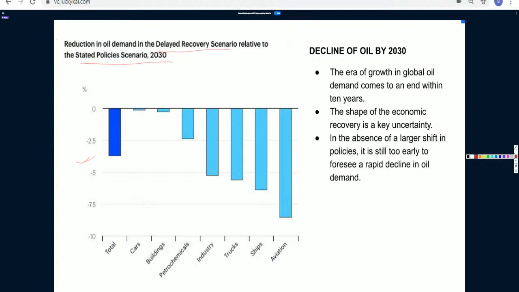The first graph talks about cars. Cars use energy, they use petroleum. Here, for cars, the oil demand will be slowed down to a very minute extent. In case of buildings, the oil demand reduction will be a little higher than the cars or automobile sector.